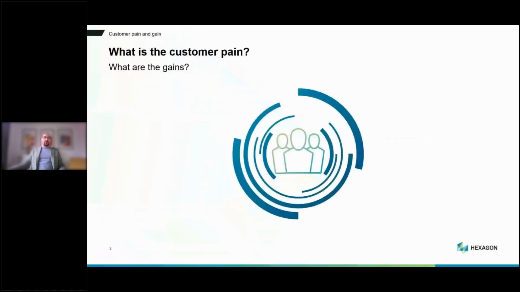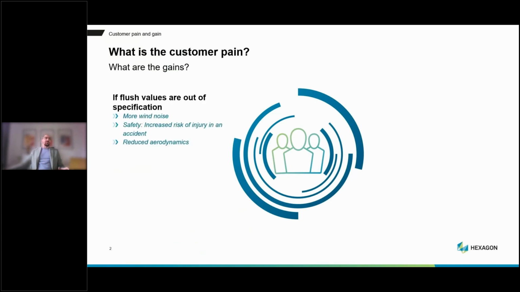Yeah, we're speaking, of course, about gap and flush measurements in the automotive industry. So why exactly are we talking about that? What's the customer pain? What's your pain as an OEM? What's the pain as an end customer with gap and flush? If the flush values, for example, are out of spec, we will create more wind noise in the car.